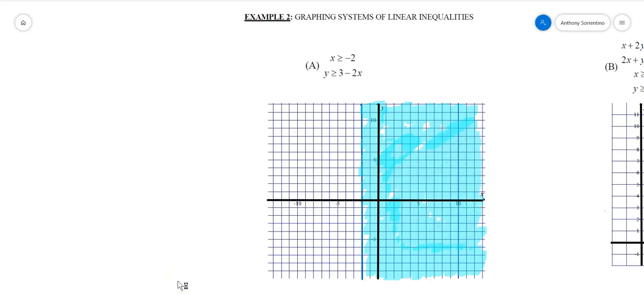Now I'm going to look at the second one. I can rearrange it just a little bit. It's already solved for y, but it looks more like slope-intercept form if I have it in this format. So when I graph it, I'm going to start up 3 and go down 2, right 1, or up 2, left 1.